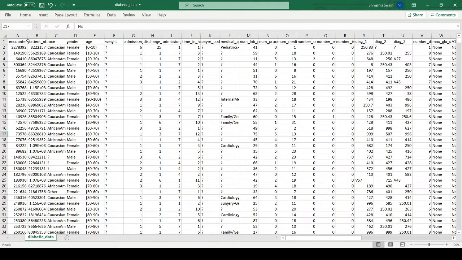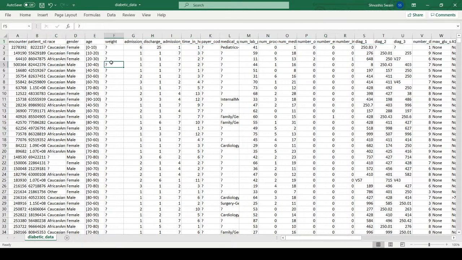These are all my columns, but the most important thing to keep in mind is that there are a lot of numerical values. If you look at admission, discharge, and suppose, let's say, weight, it has a question mark. It is nothing but a null value, it doesn't mean anything, so in that case we don't need this.